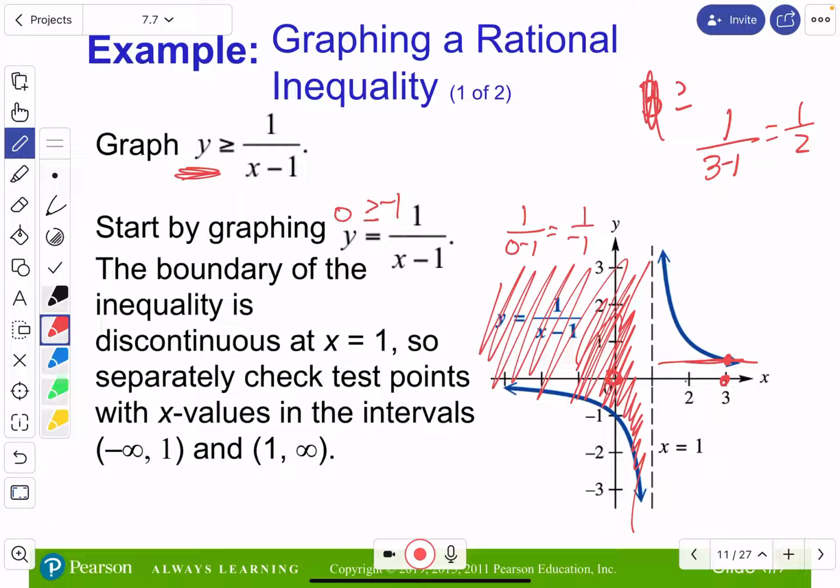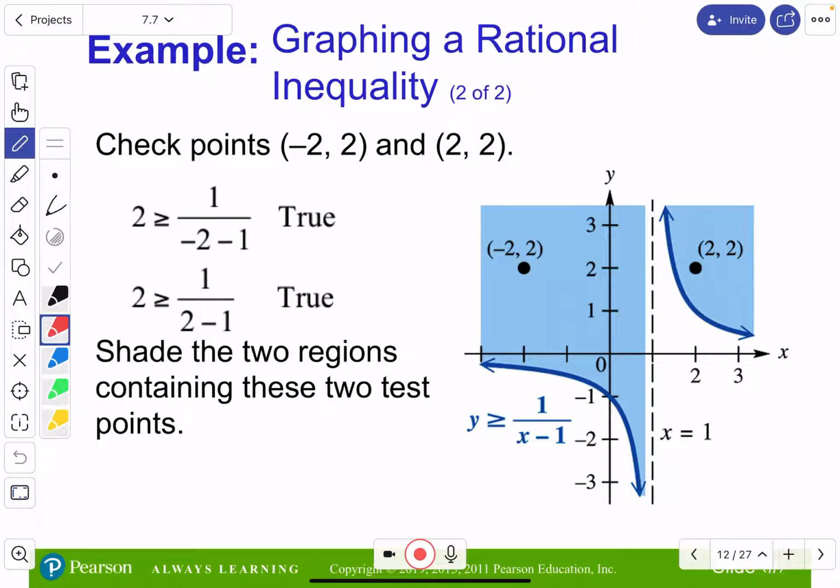If we tried 2, 1 over 2 minus 1, that is 1, that is not true. That dot is below the blue line. It's not true, so we have to shade above the blue line. They tested any random points, just a point in the region. If it comes out true, you shade where the point is. If it comes out false, you shade where the point isn't. It's not a big deal.